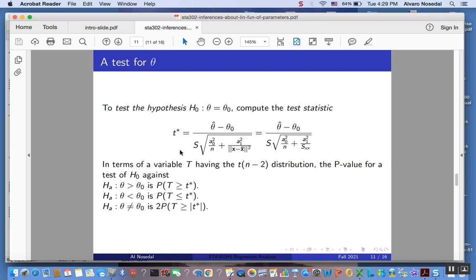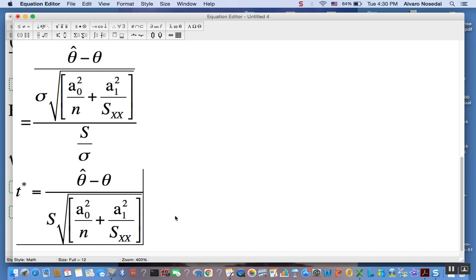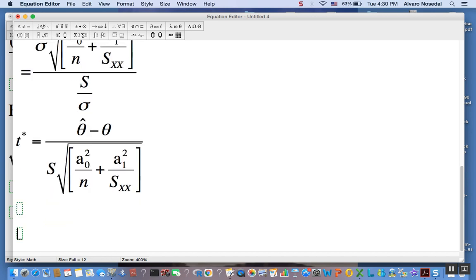Okay, so now we have this test statistic. From statistics 260, what we know is that we can use this quantity as a pivotal quantity, and that pivotal quantity is going to help us find the confidence interval for our parameter of interest. So let me remind you how we could use it to find a formula for a confidence interval.